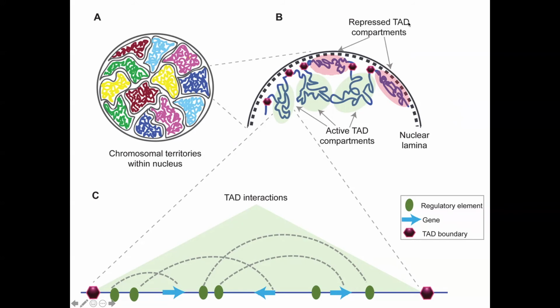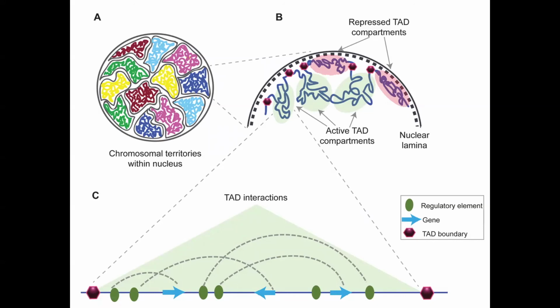A TAD is a self-interacting genomic region, meaning that DNA sequences within a TAD physically interact with each other more frequently than with sequences outside the TAD. For example, if you consider the University of Houston as one chromosomal territory, our class can be one of the TADs in this territory.